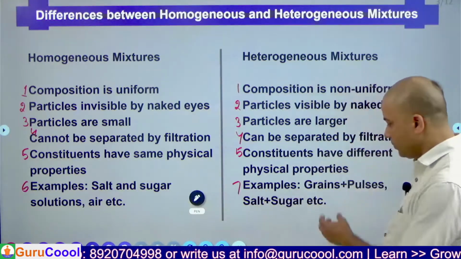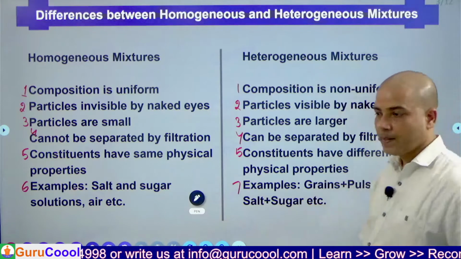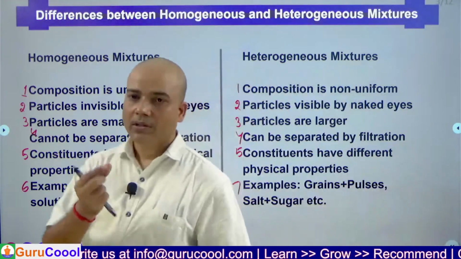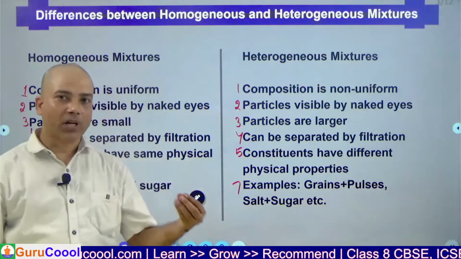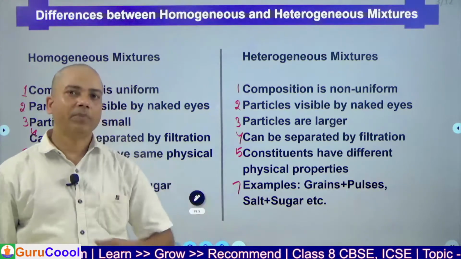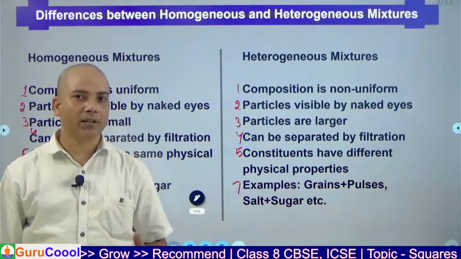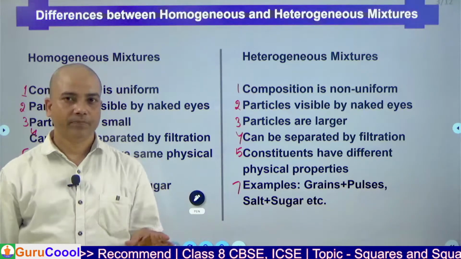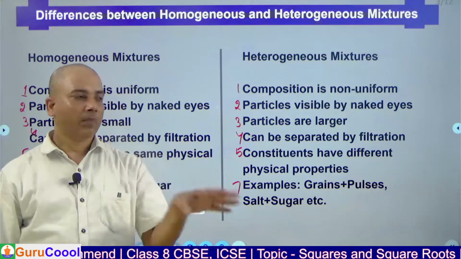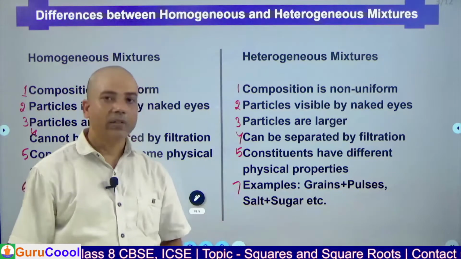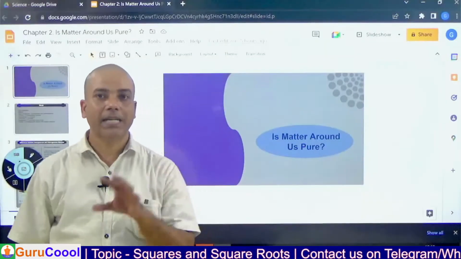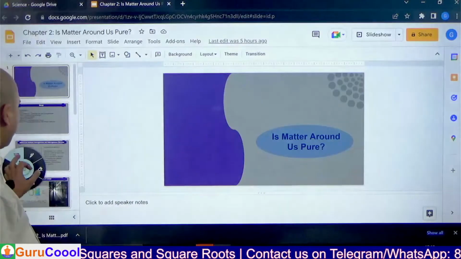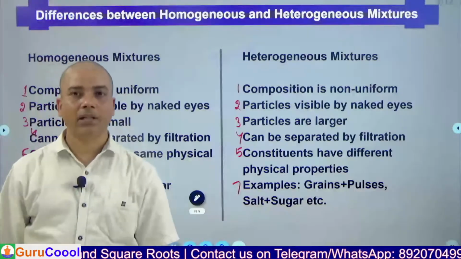Like grains with pulses: suppose you have lentil pulse and mix some rice with it, their shape and size are different, they will be completely visible. This is rice, this is pulse. Salt plus sugar without water, their size and shapes are different, so physical properties are completely different.